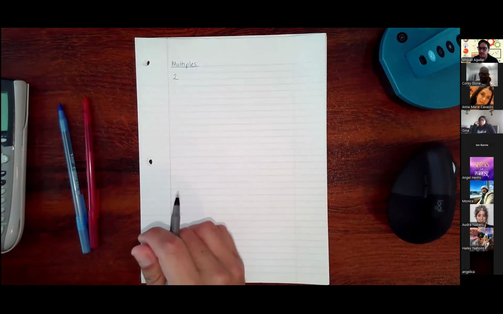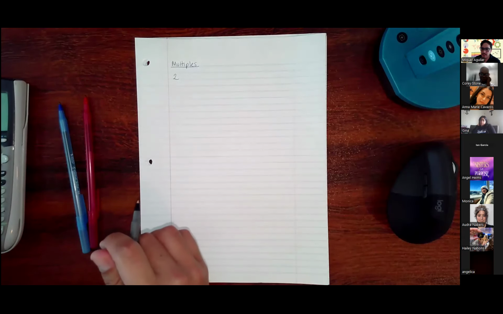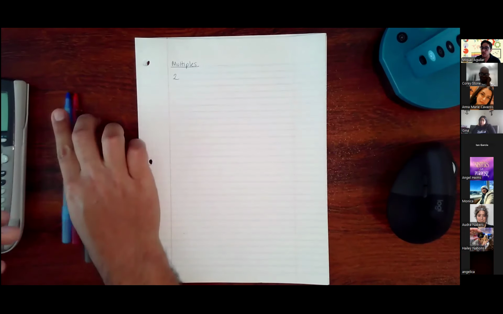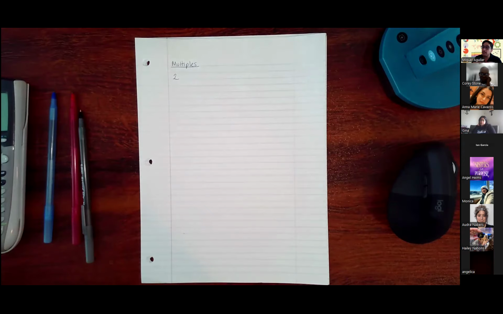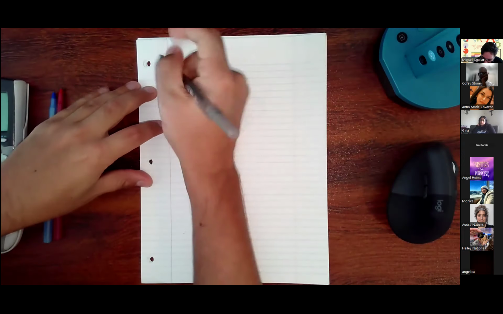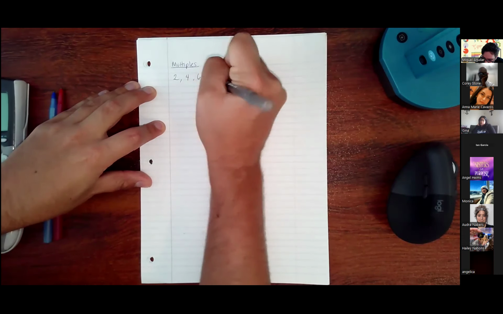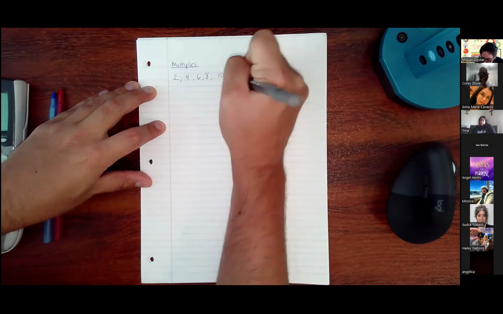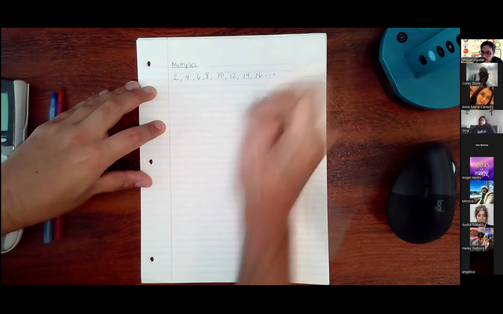Yeah, like 2, 4, 6, 8, 10, 12. Exactly. Those are all multiples of 2. Factors, on the other hand, are breaking down the number into smaller pieces, but multiples are counting up into bigger numbers. So multiples of 2, like you guys said, are 2, 4, 6, 8, 10, 12, 14, 16, and you could do this forever, right?